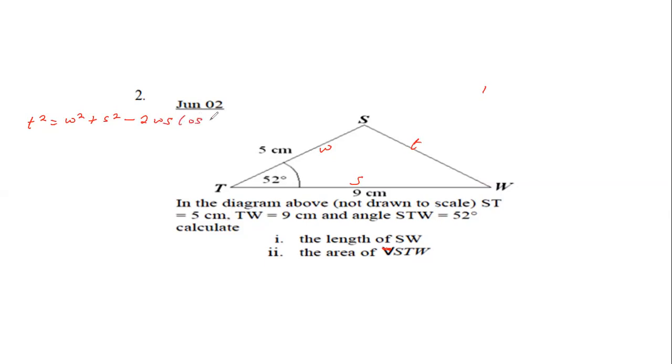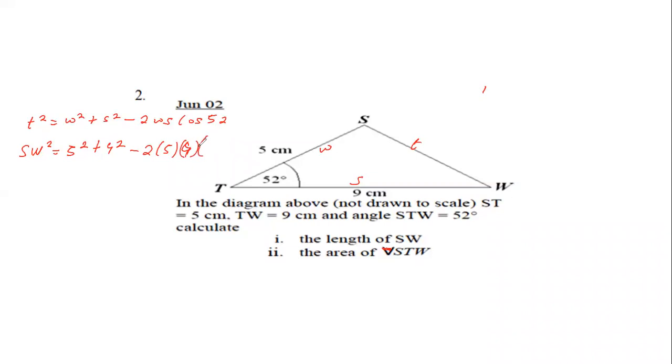So SW square is equal to 5 square plus 9 square, take away 2 bracket 5 bracket 9 bracket cos 52.